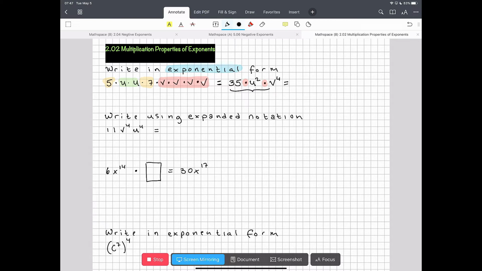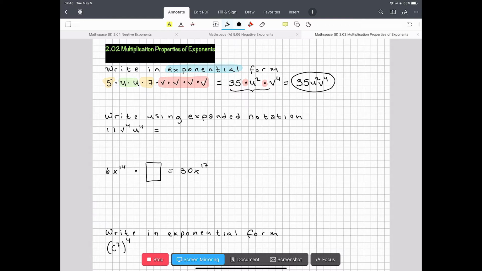So completely simplified, in algebra, those multiplication symbols are not necessary. To simplify it even further, we would write it without the multiplication symbols as 35 u squared v to the 4th. And that would be our final answer, and that will get you full credit and a correct answer in MathSpace.